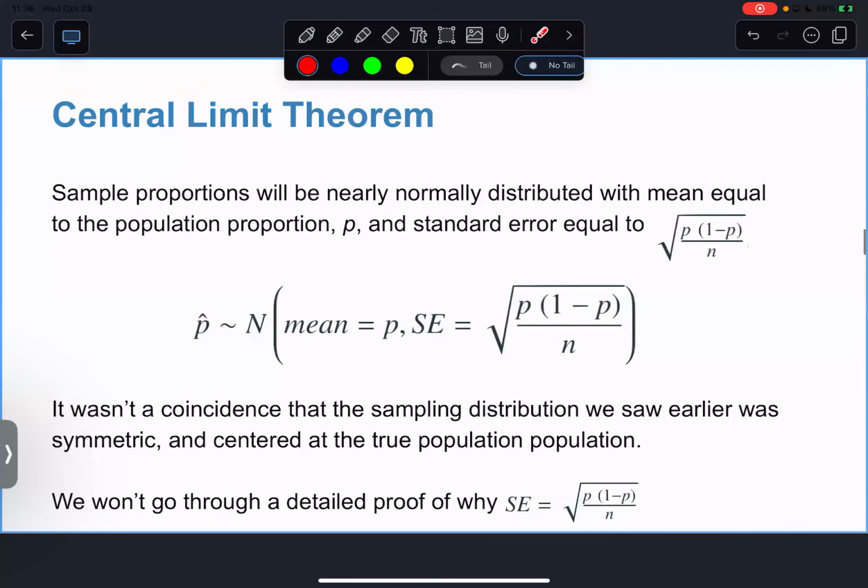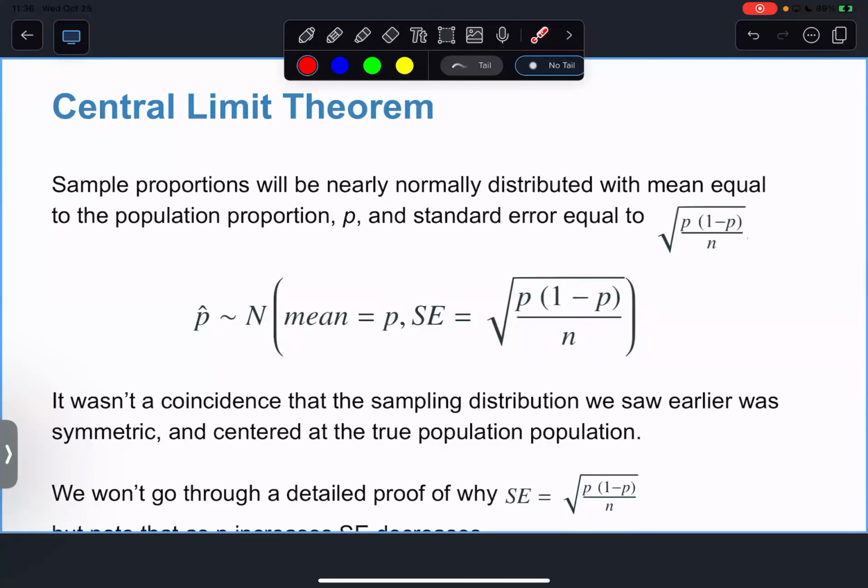Where they come from is the central limit theorem. Now, the central limit theorem is just as important as it sounds. It's what allows us to use the normal distribution for quantifying the variability around a sample proportion, for example.